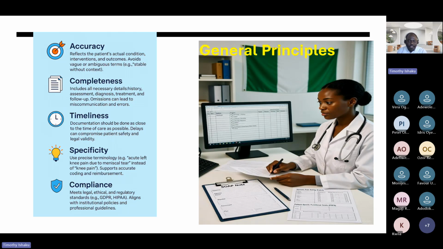The compliance side. There are lots of legal and ethical expectations for a physiotherapist working in a healthcare setting. Those legal expectations are statutory, meaning they are enforceable, meaning you can be called into question.